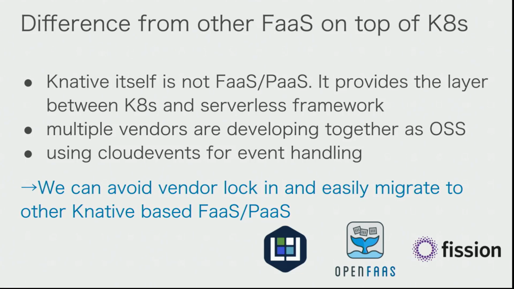Second, multiple vendors are developing it together as OSS. Vendors are, for example, Google, Red Hat, Pivotal, IBM, and SAP. Last, it uses CloudEvents for event handling. Based on those, we can avoid vendor lock-in and easily migrate to other Knative-based FaaS.